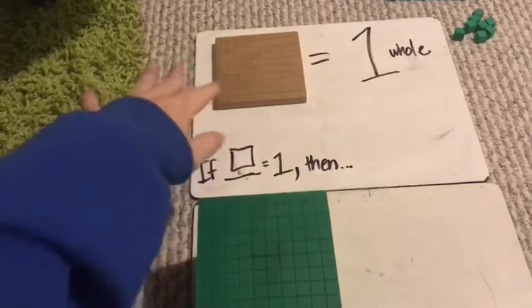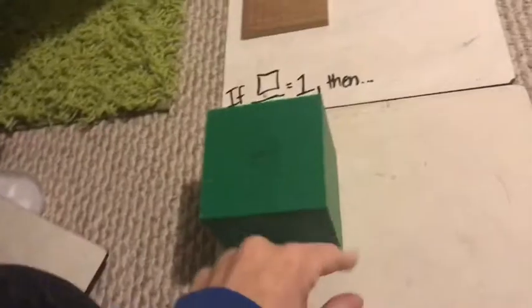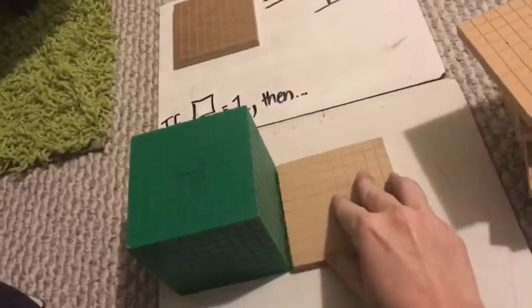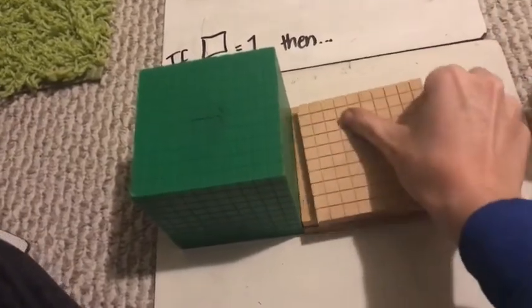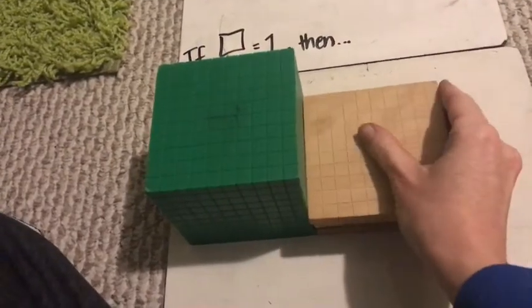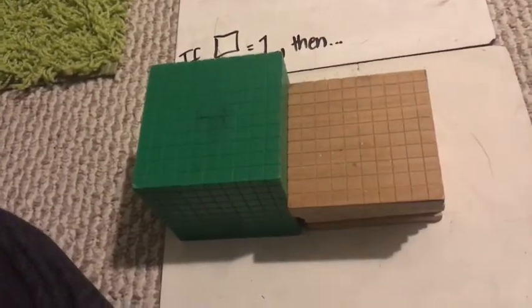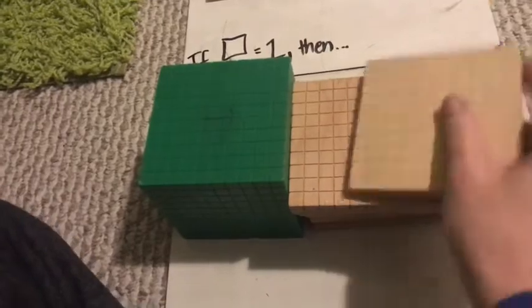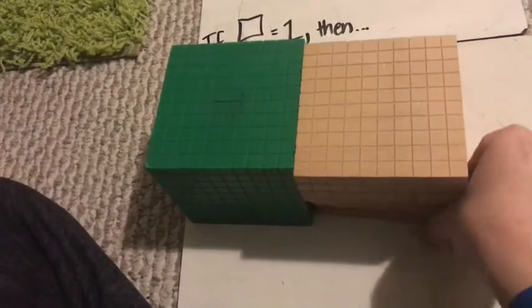Okay, so now this is not 100 anymore. This is 1. How many of this make this? And if I stack them up, this is 1 whole, right? 1 whole, 2 wholes, 3, 4, 5, 6, 7, 8, 9, 10, and that makes the cube.